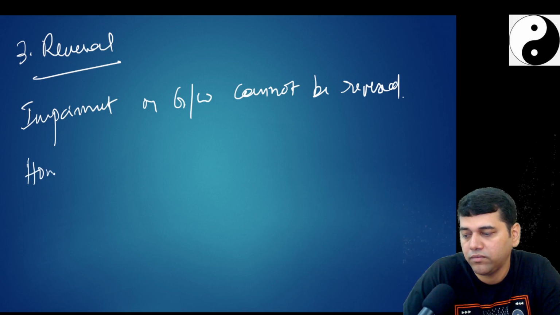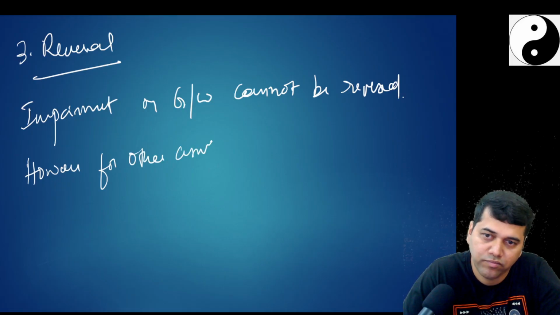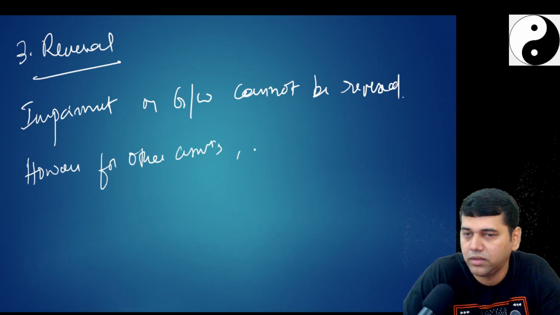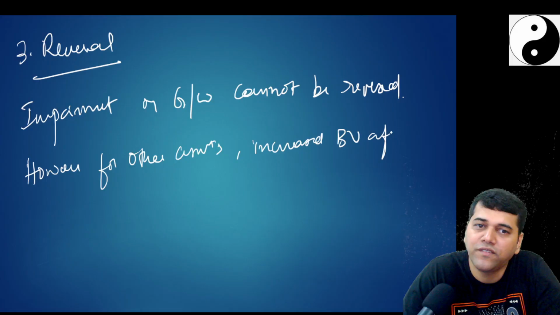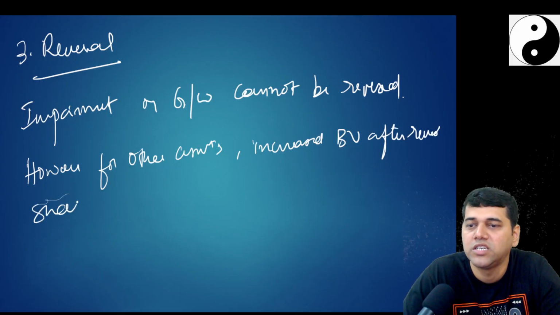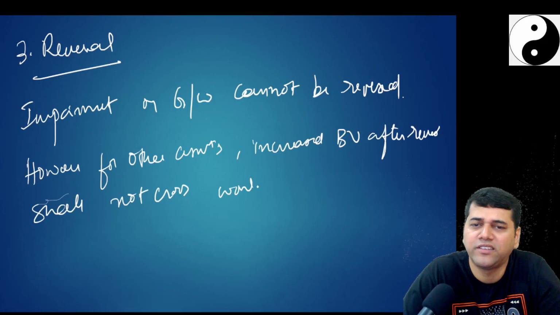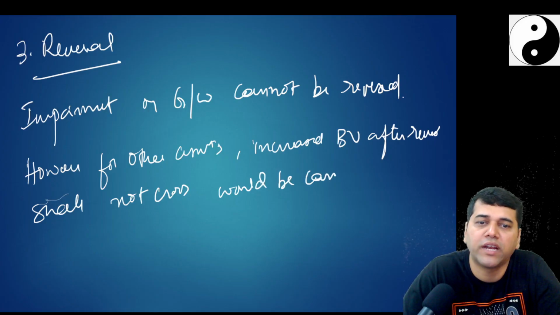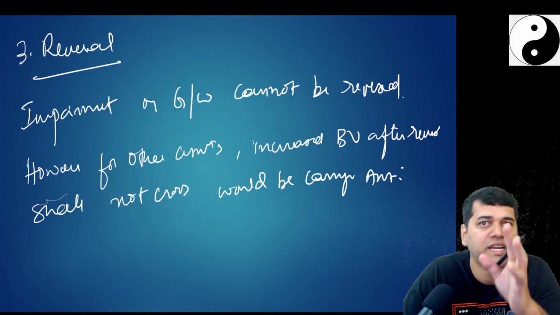However, for other assets, the increased book value after reversal shall not cross, I will write simply here, would be carrying amount. Don't write this in the exam. I am writing it for your understanding sake here.